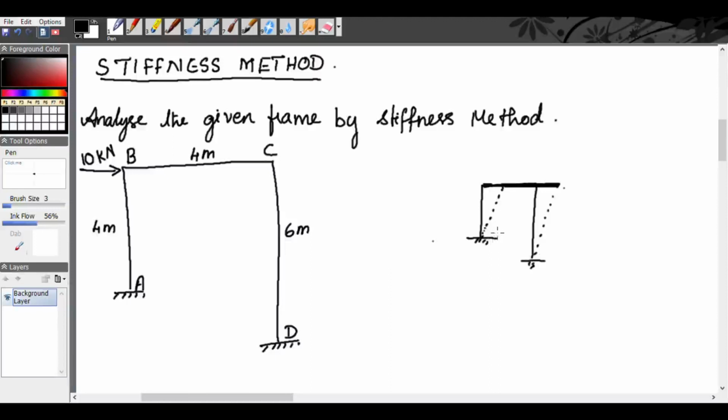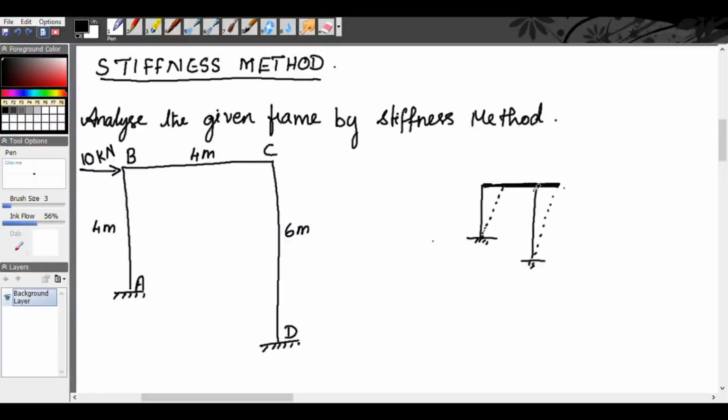But the columns will show a deflection. This column will yield to some deflection delta in the horizontal direction. Since the 10 kilonewton load is acting at the joint B in the right direction, you will have the displacement towards the right.